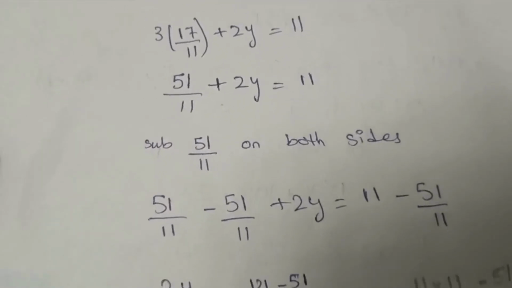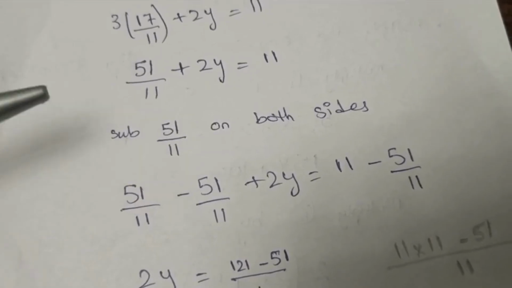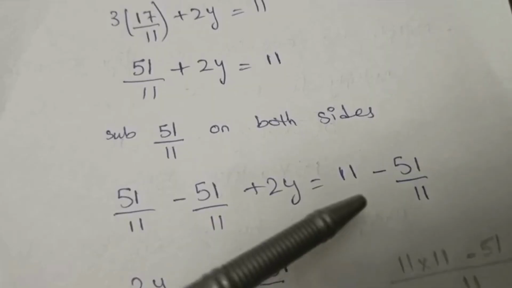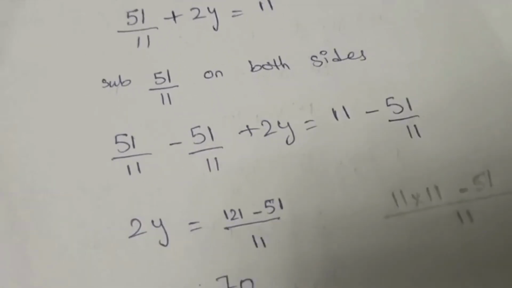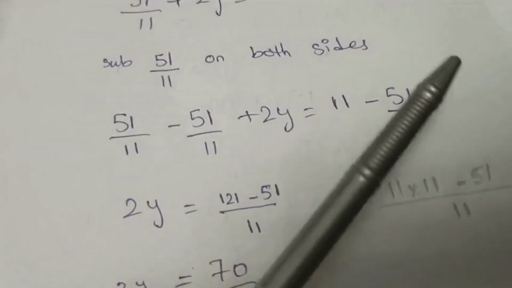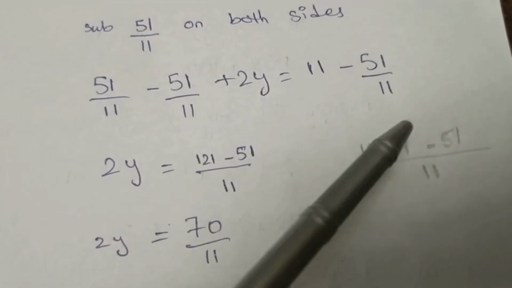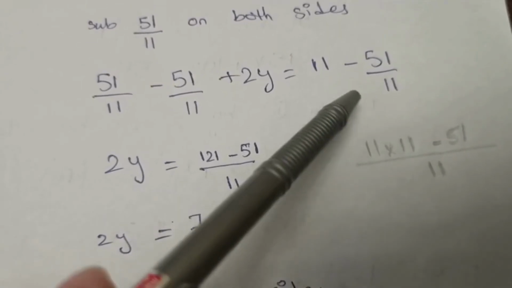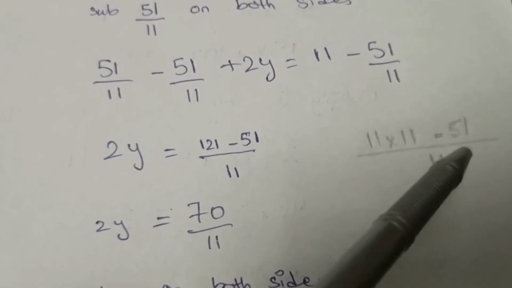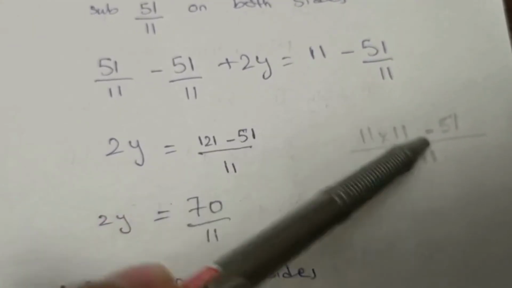Now as we do in a basic linear equation, we are going to subtract 51 divided by 11 on both sides. 51 divided by 11 minus 51 divided by 11 gets cancelled, leaving 2y, and on the other side 11 minus 51 divided by 11. We are going to take the LCM of it. So in LCM we take the bigger denominator, that was 11, and we multiply the other term's denominator by this denominator.